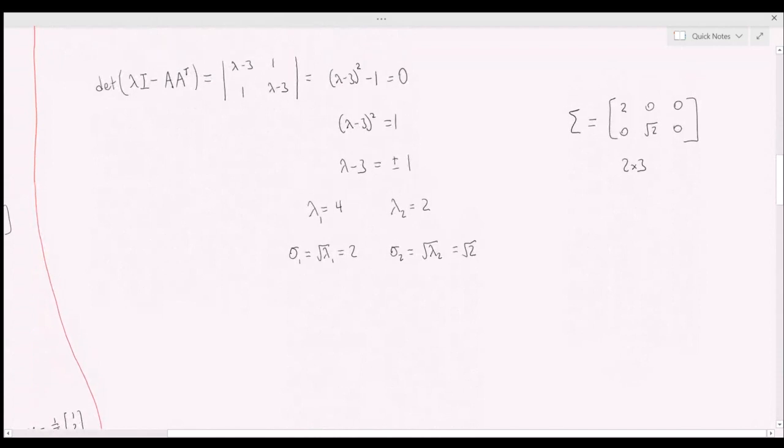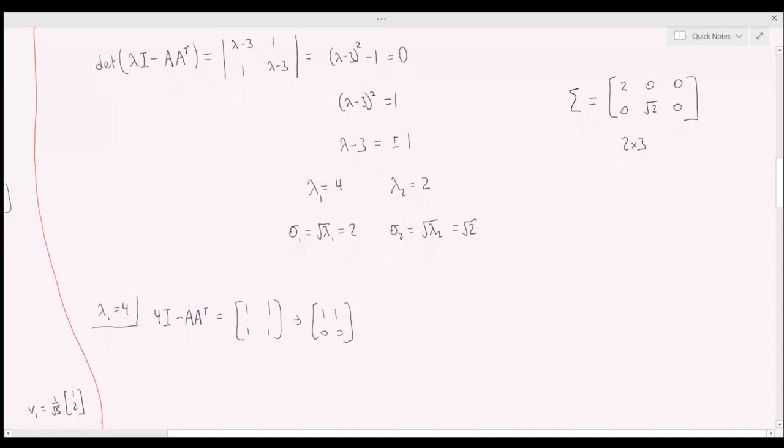All right, so next I'd find the eigenvectors corresponding to these eigenvalues. So let's try to do that real quick. When lambda is 4, I'm going to get 1, 1, 1, 1 for this matrix. Looking at the null space of this matrix to get the eigenvectors, we'll get x plus y is 0.